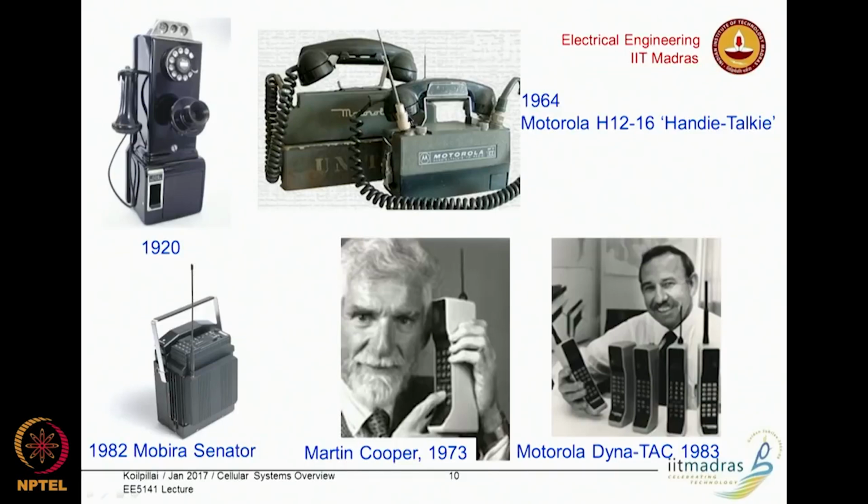The first sort of wireless phones were the ones that were used by the military. You can see an old military phone up there. They had to wind it up to generate enough charge so that they could communicate, but it was a very rugged one. Very interesting.